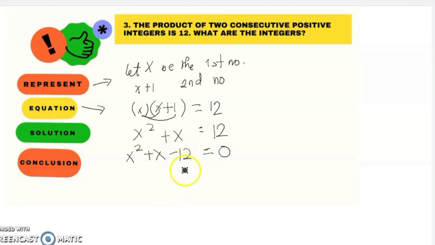So, we are now going to solve this quadratic equation. So, what are the factors of negative 12? That if you will add those factors, we will have positive 1 as the answer. So, we have 4 and negative 3.